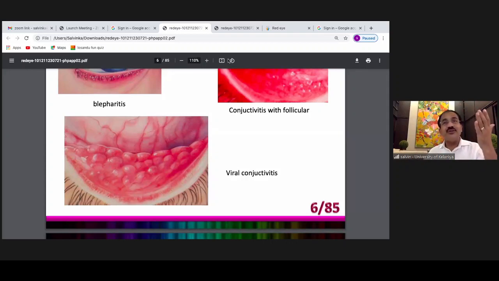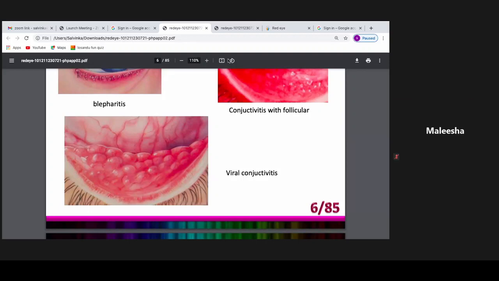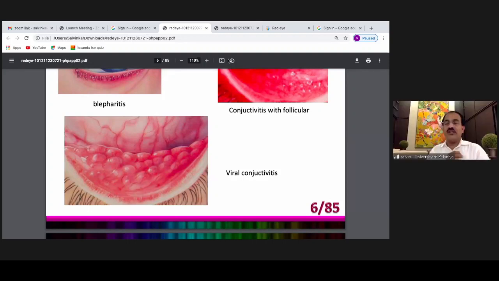Vision is very good, so you can diagnose viral conjunctivitis easily. Nothing happens, sir. Yes, you are correct. Vision is maybe 6/6. Because of the tearing and discharge, there may be one or two lines drop in the vision, but the patient will be able to read everything. Previous vision will stay. So vision is not affected.